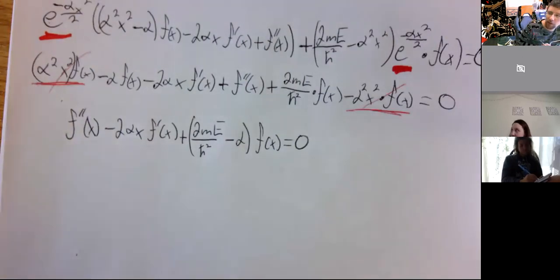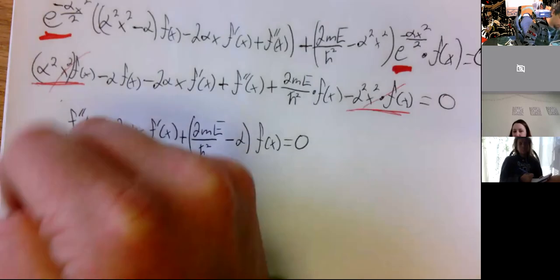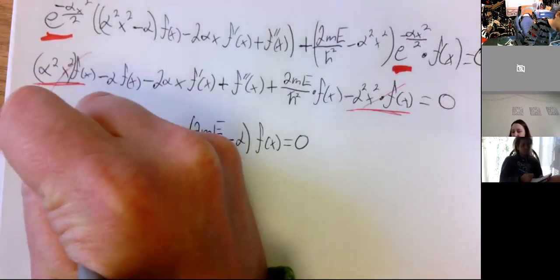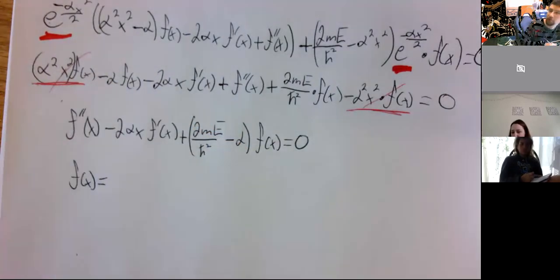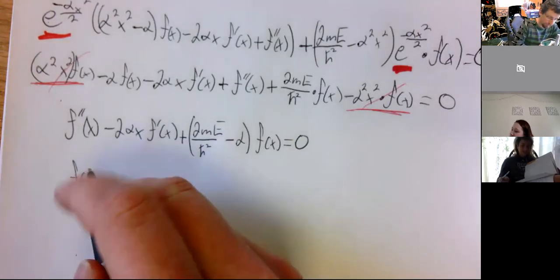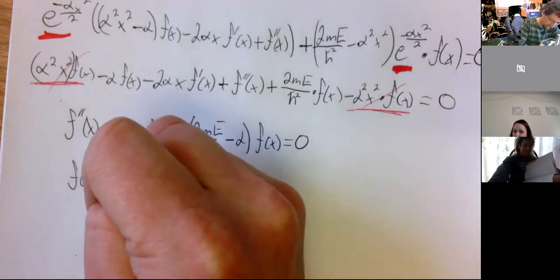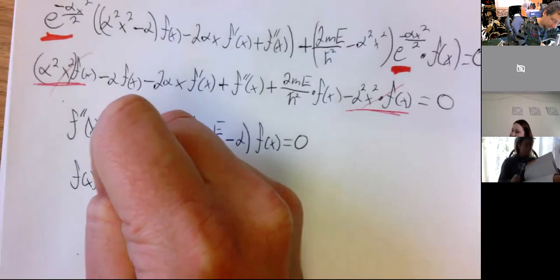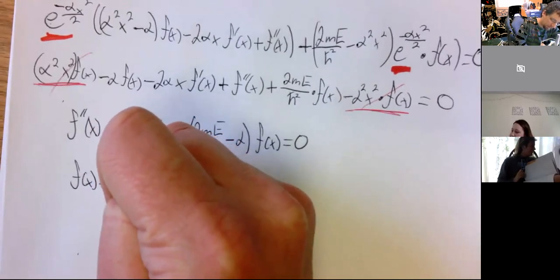Okay, and what do we know about these f functions? If you remember what we said f of x was, if you look back in your notes. I think it looked something like, what do we say?